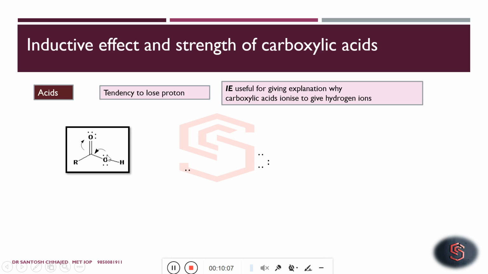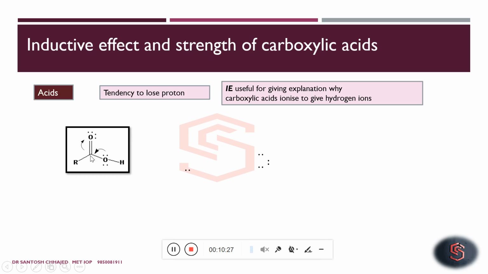Two lone pairs of electrons are there on the oxygen. Now we'll see what is happening in the carbonyl group. So the carbonyl carbon is electron deficient, as oxygen has more electronegativity. It will withdraw the bonded pair of electrons towards itself. As a consequence of that, this carbon becomes electron deficient.